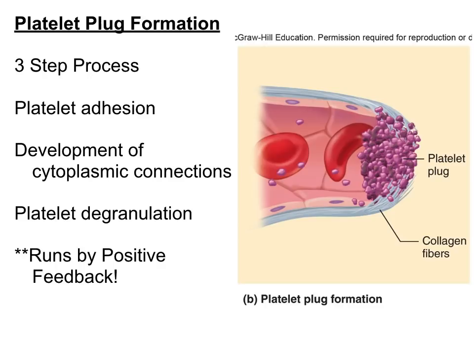The only place where the lining of the vessel is sticky and rough is at the wound. All of the healthy areas that you can see in that figure on the screen, all of that blood vessel extending to the left, where there's no platelets adhering, that surface is smooth and covered in prostacyclin. So that plug cannot continue to grow because it can't get a foothold. It can't attach.